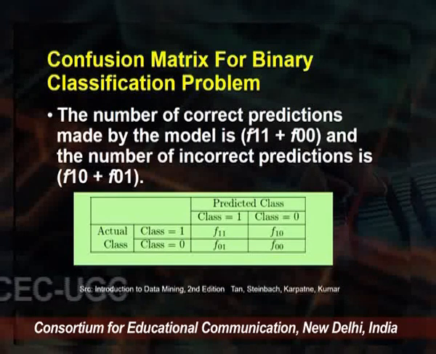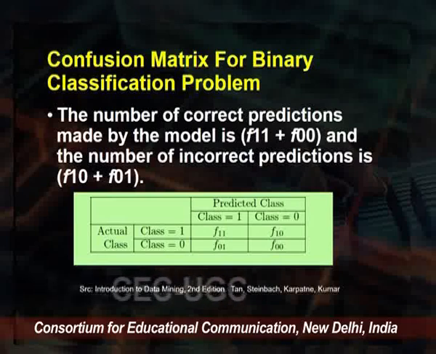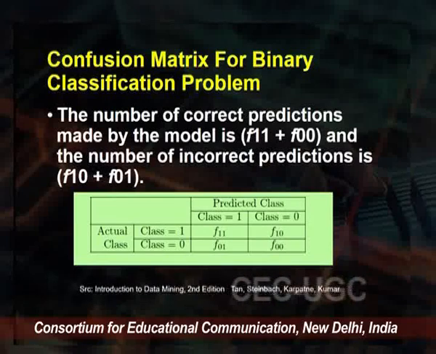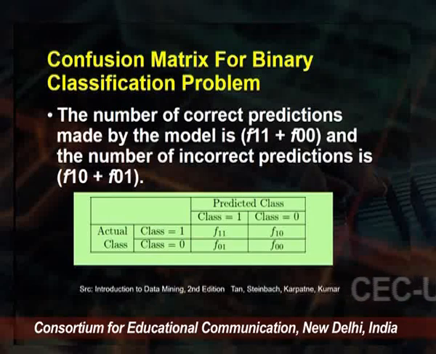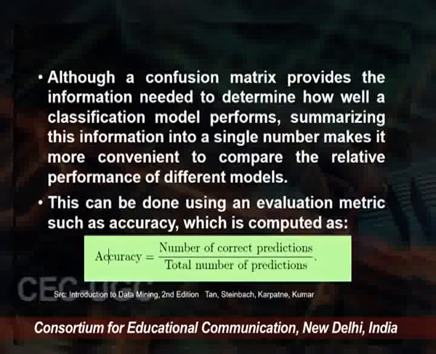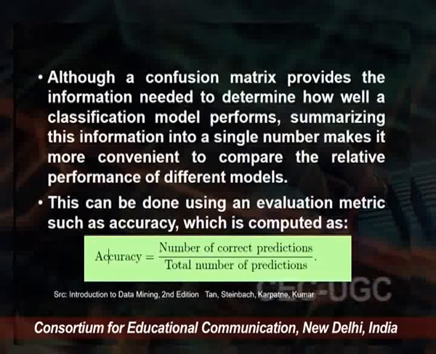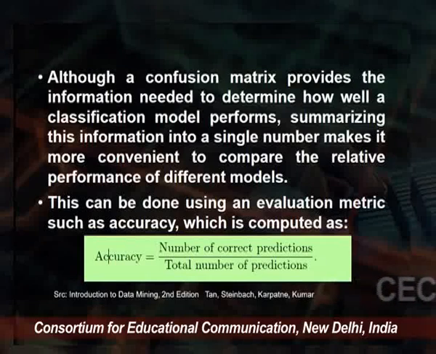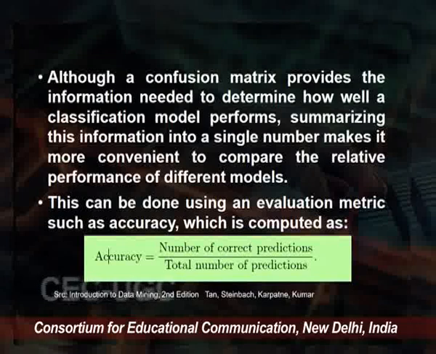So we will find out the total number of correct predictions and the total number of incorrect predictions, right. So the confusion matrix provides the information which is required for determining the performance level of the classification model, right.